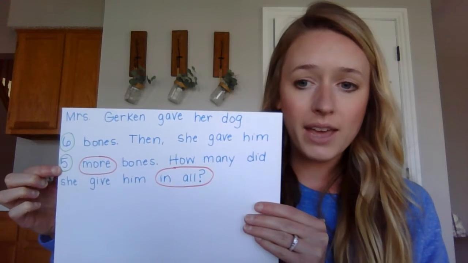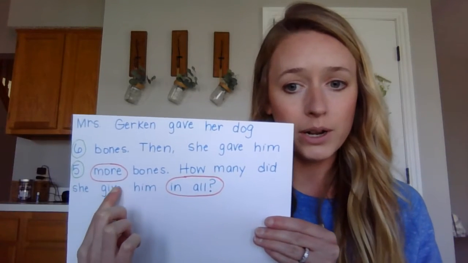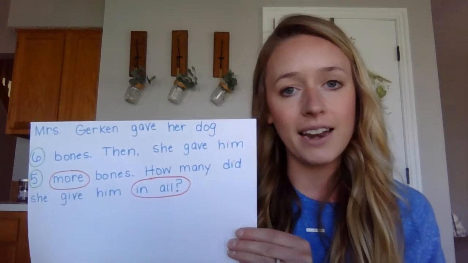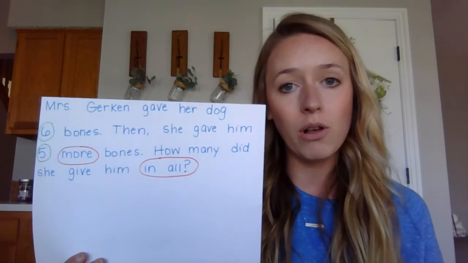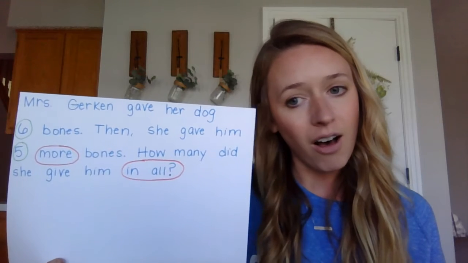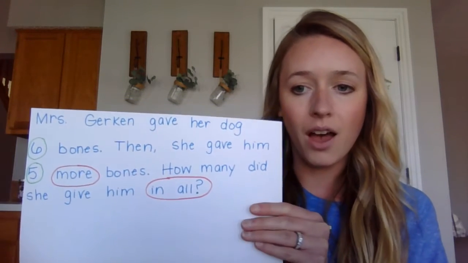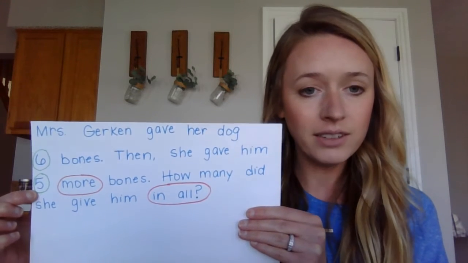So now that we have our numbers circled and our important words and phrases circled, the next thing that we always do is we draw a picture to go along with our word problem that is going to help us solve. So I'm going to go ahead and draw a picture of 6 things and 5 things.